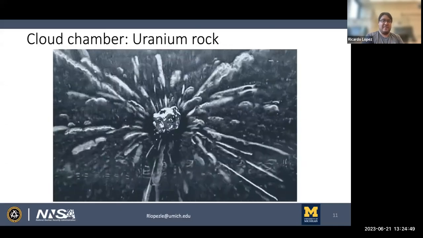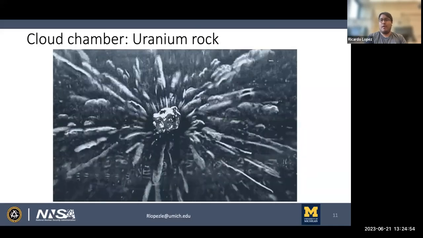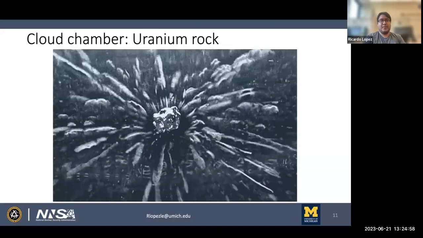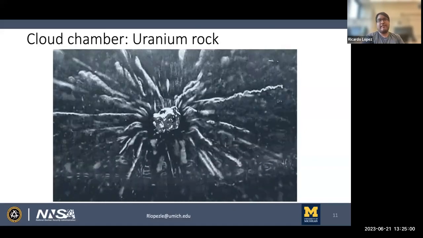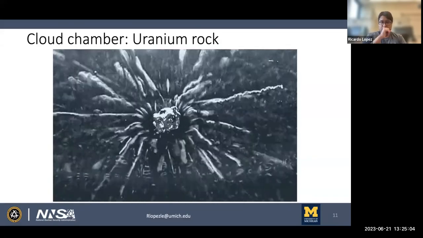And for this little video looping on the slide, this is just a small piece of uranium ore. And what you're actually seeing coming off it are the tracks from the alpha decay with this particular source.